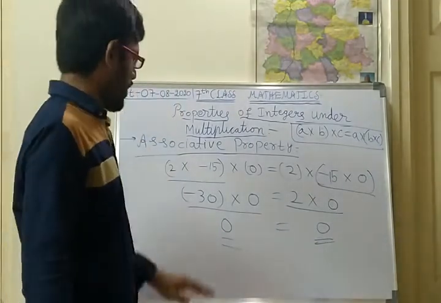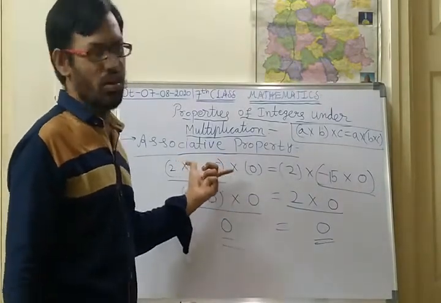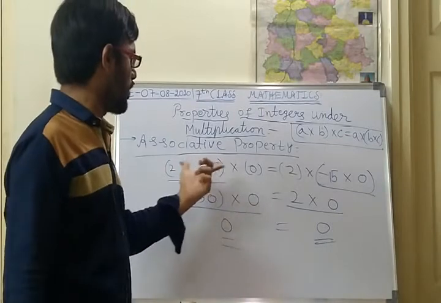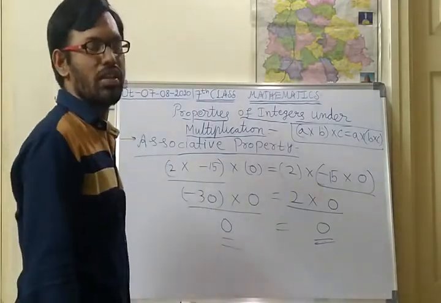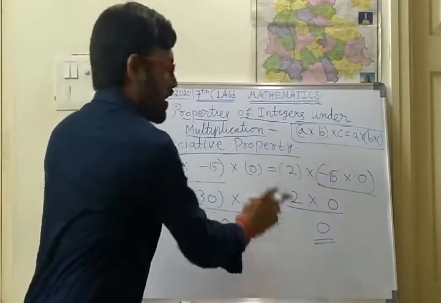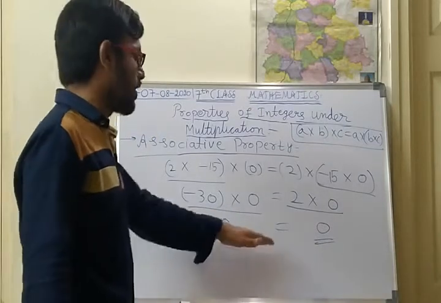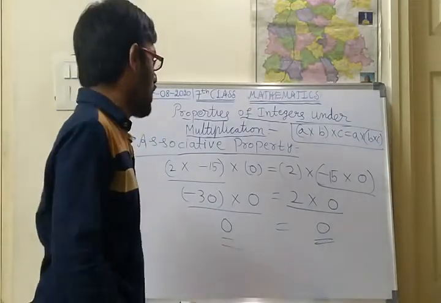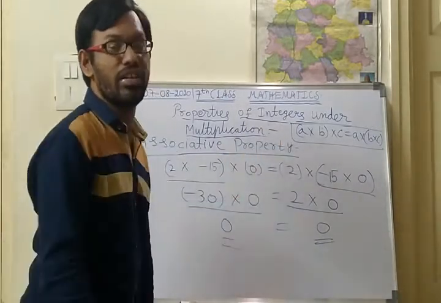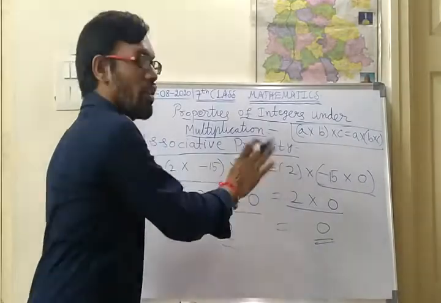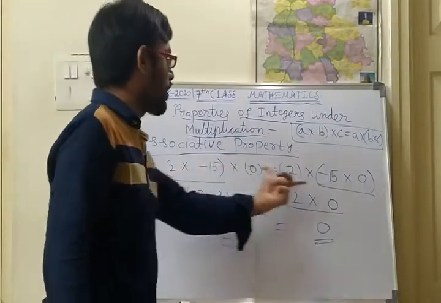Here you will be getting a doubt. Sir, three numbers are there and we are taking different types of symbols, so why is the result not coming different? Why is the result the same here? Multiplication does not depend on the number of integers, it depends only on the brackets.